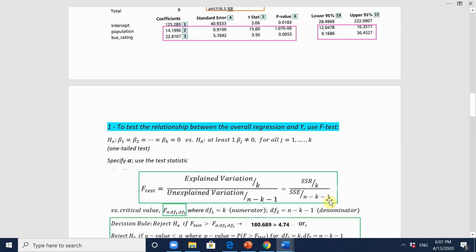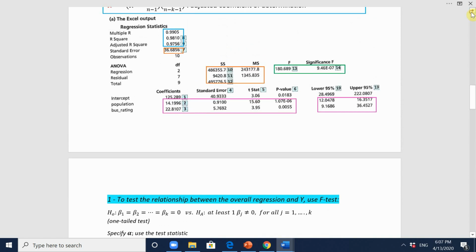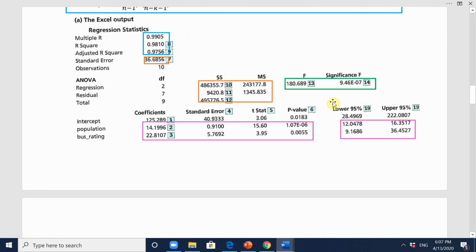When you look at the Excel output, you can actually find the F value. The F statistic value is given right here. Let me just enlarge it. You see that you've got here 180.689. That is my test statistic as a result of taking this value divided by that value.